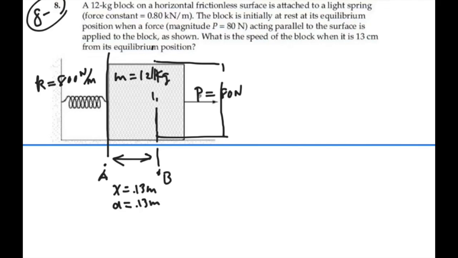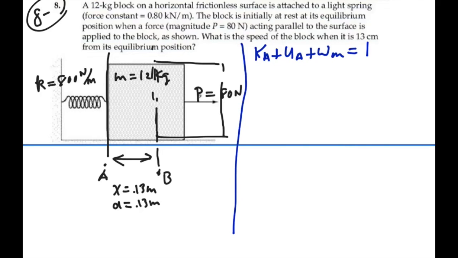Alright, let's approach this with the one equation to rule them all. Kinetic energy at A plus potential energy at A plus any work done on the system along the way will equal the kinetic energy at B plus the potential energy at B. Everything is on a level plane, so our gravitational potential energy will be 0, but we do have spring potential energy.